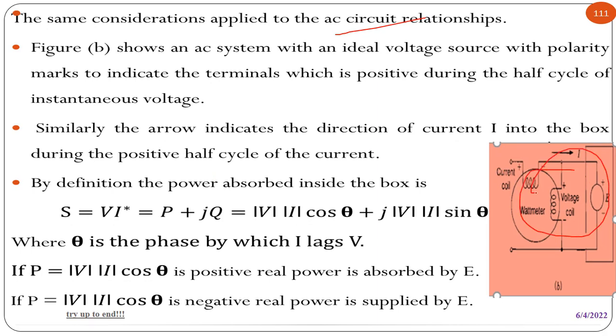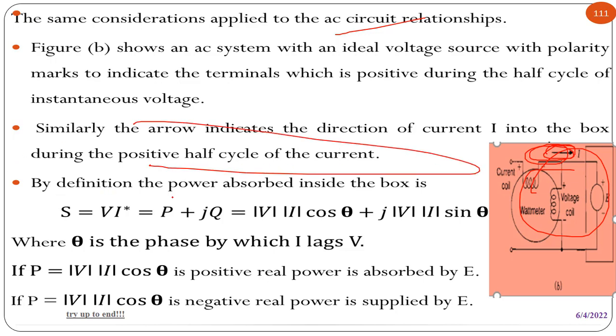This figure shows an AC system with an ideal voltage source, with polarity markers indicating the terminal which is positive during the half cycle of the instantaneous voltage. Similarly, the arrow indicates the direction of the current into the box during the positive half cycle.